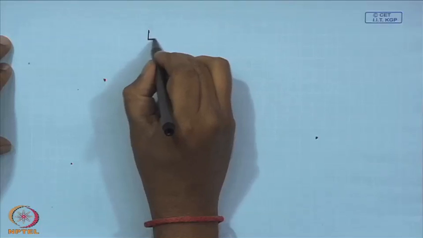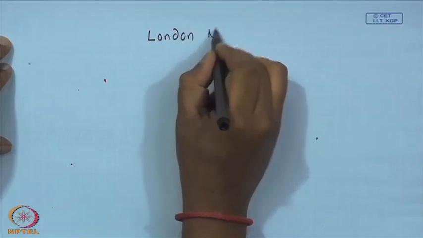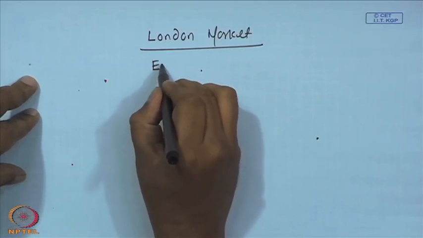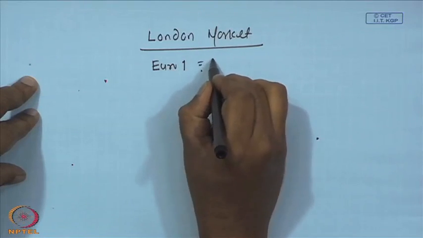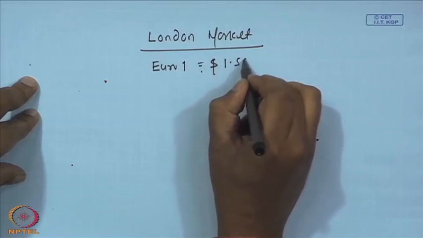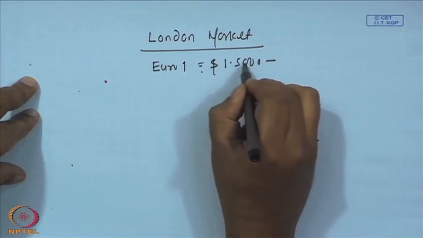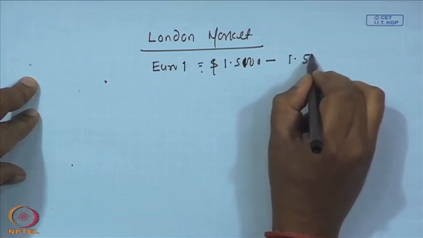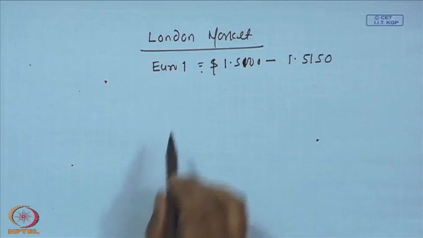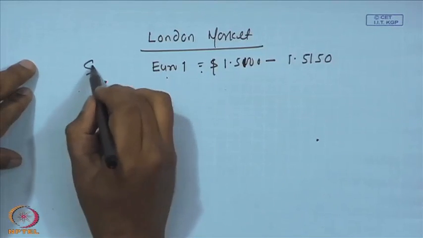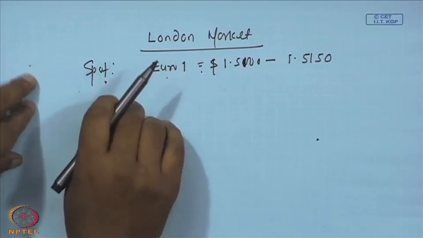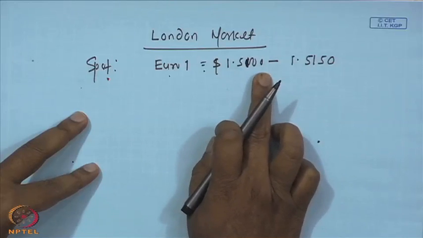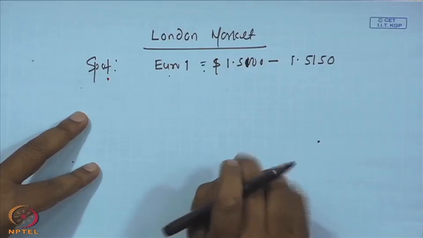Here, first you have to go to the London interbank market. In the London interbank market, 1 euro is quoting US dollar 1.5100 and 1.5150. But this is the spot market rate, today's rate. Today's rate for 1 euro in the London interbank market is 1.5100 and 1.5150.